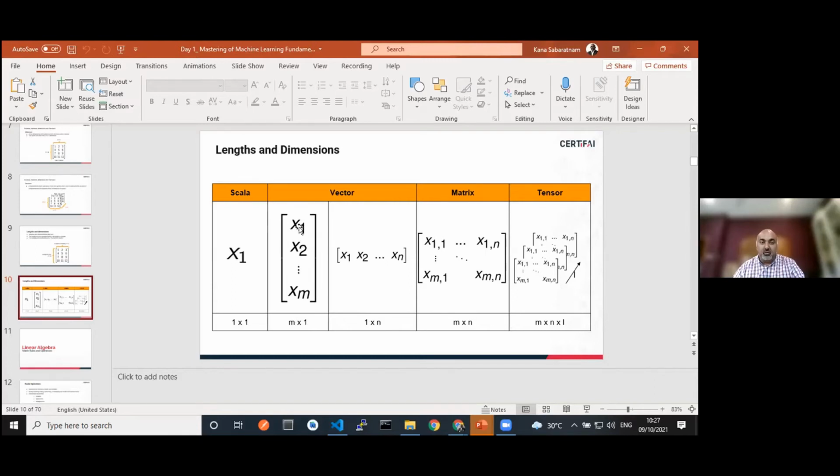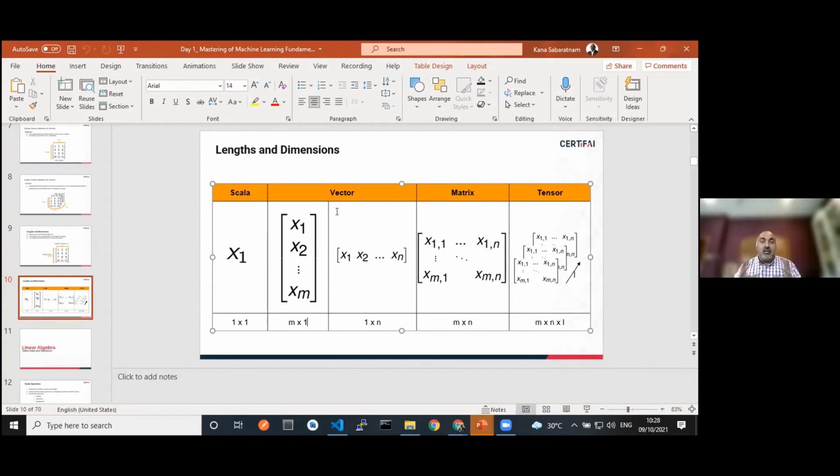So it's going from 1 to m. That means m is the number of rows and 1 is the column. So m number of rows and 1 column. This is the other way of expressing it. You can see that x1, x2, x3 can go until n. n can be any number, 20,000, 100,000, 150,000, we don't care. But it can be represented as a vector.